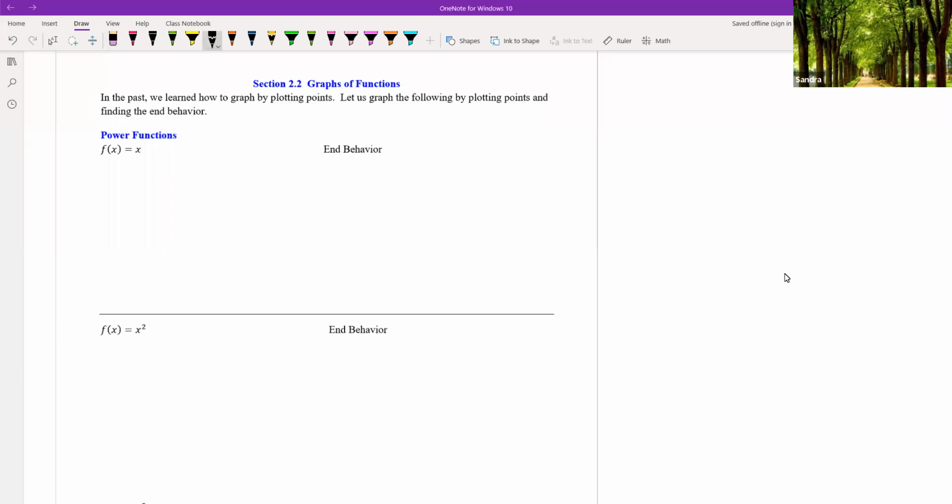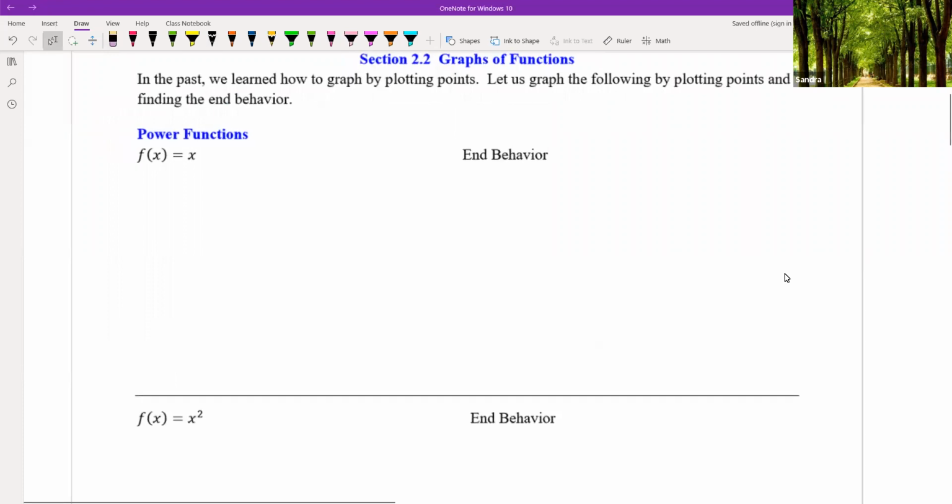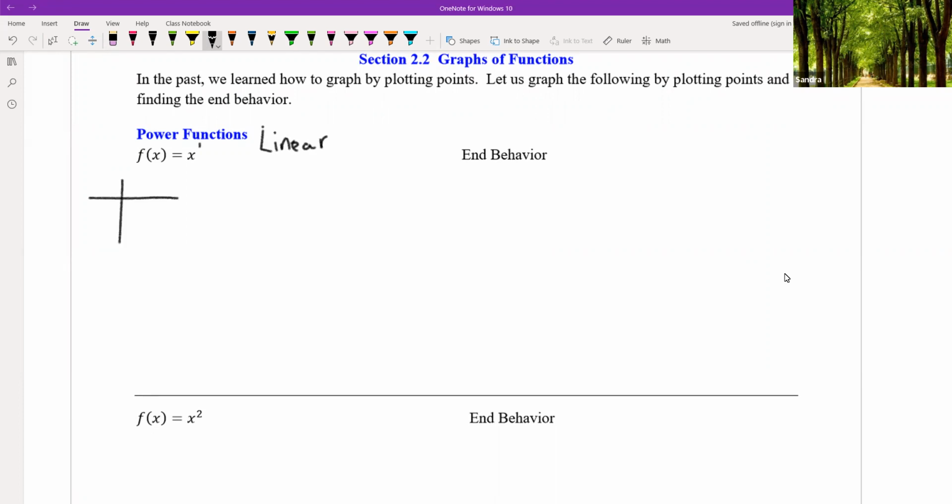Okay, so let's go ahead and go over the first examples here. As you can see, this is a power function, but this power function happens to be linear. And the reason why it's linear is because the degree of the variable is just 1. Okay, so let's go ahead and quickly make a t-table of values.